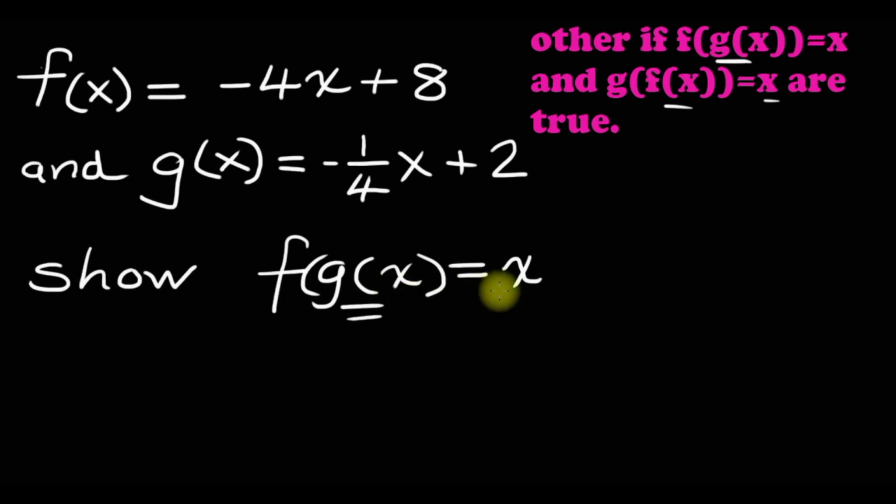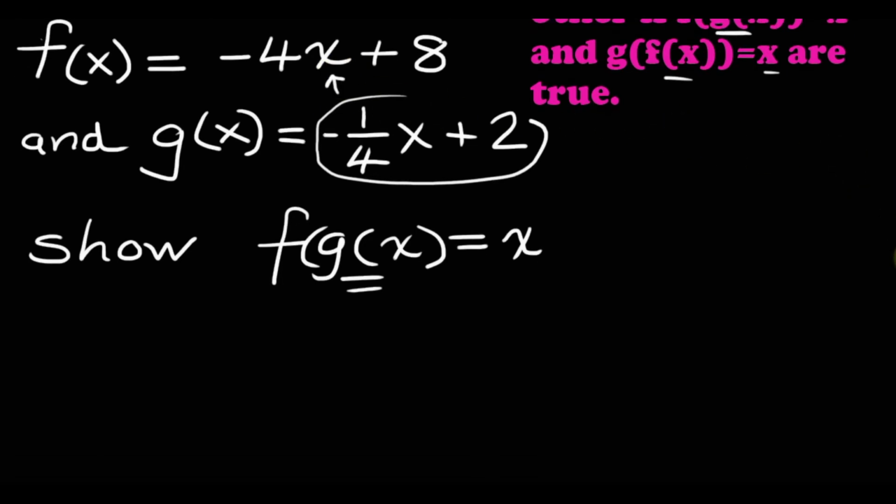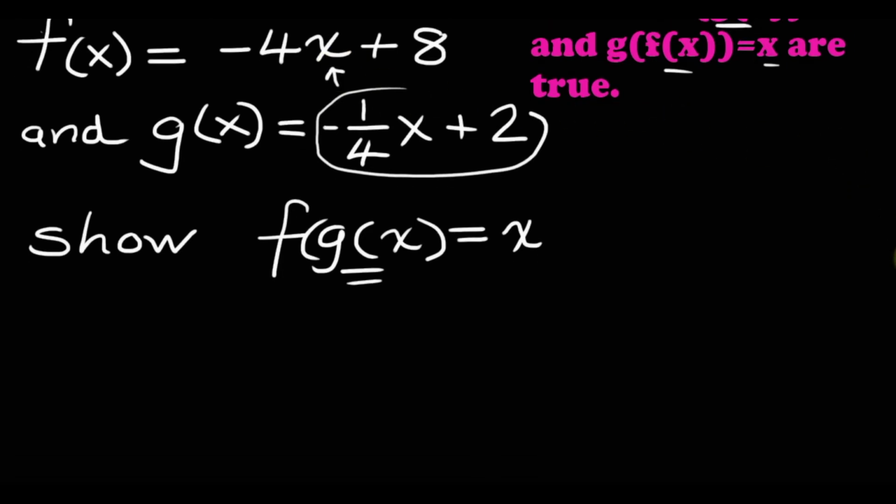But if it comes out to x, then you have to continue to show the other one. To show this, you see how g of x is inside? You're going to take g of x and plug that into the x of f of x, and then you simplify. So it's going to look like this.